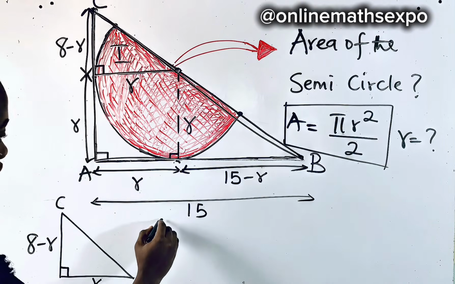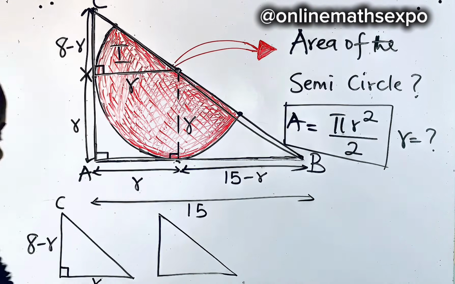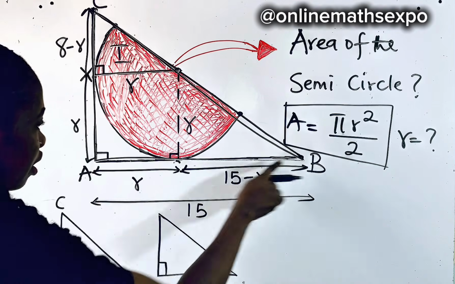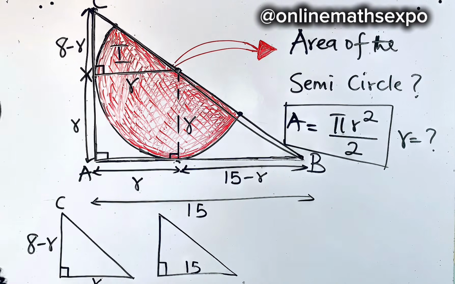Let's bring it out and see if it obeys the property of similarity of triangles. It has a right angle here, remember? From here to here, we see measures 15. Let's put it in. We can also adjust this to write it in here.